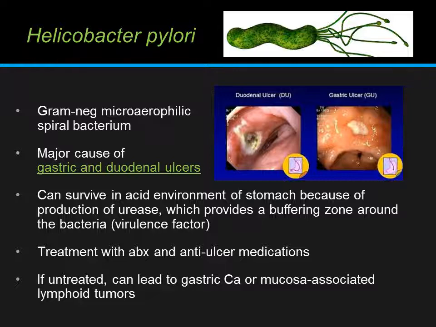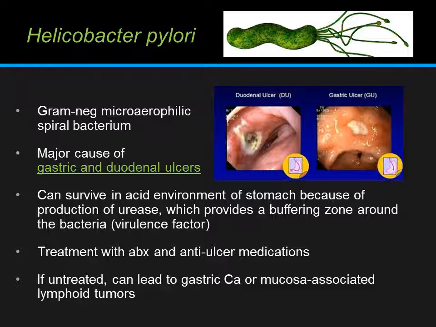So suddenly, same disorder, but we went from telling people to change their diet and their lifestyle to giving them antibiotics and anti-ulcer medications, things like good old Pepto-Bismol. And suddenly we were curing things that were formerly pretty much chronic conditions.